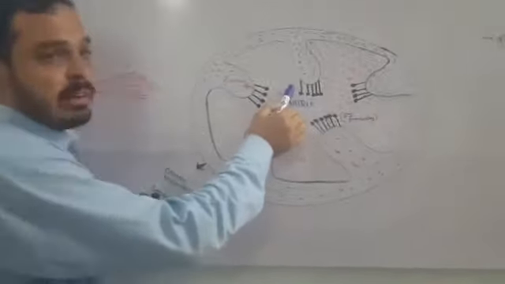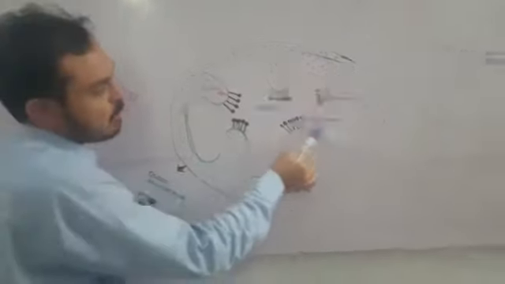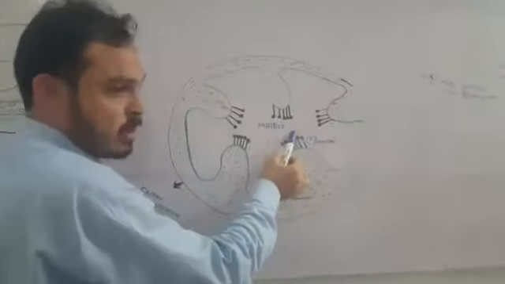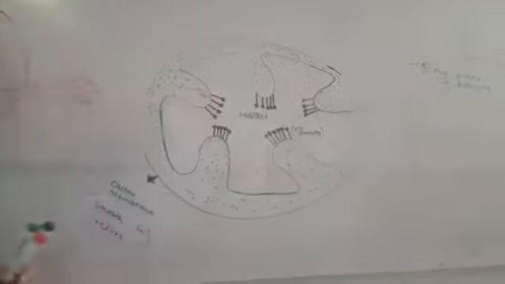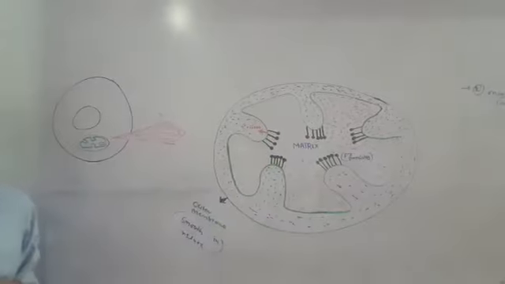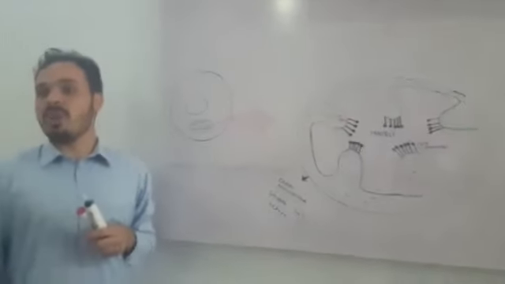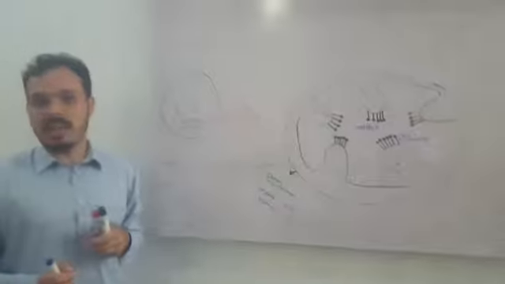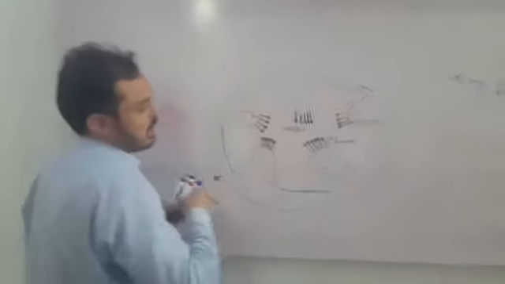Inside the inner membrane, the whole area of the mitochondria is called the matrix, which contains a lot of enzymes responsible for the Krebs cycle.